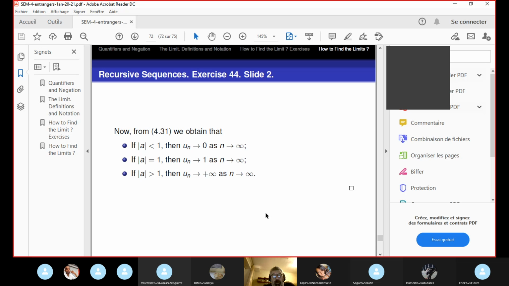If the absolute value of a is strictly less than 1, then u sub n goes to 0 as n goes to infinity. Why? Because we have considered an example, the limit of q to the power n when the absolute value of q is less than 1, and the limit was 0. Do you remember this?